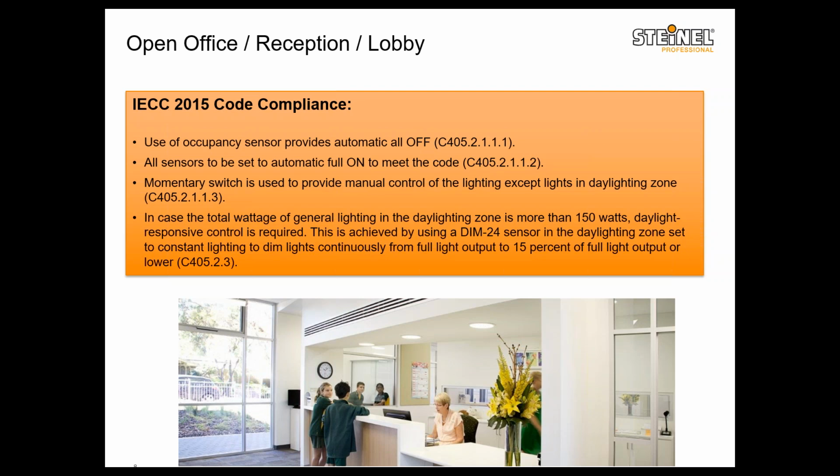So you obviously have the minimum requirements of having to use occupancy sensors to provide automatic all off. Since these are all open areas, you have to have the sensors all set to automatic full on. So in these areas, we don't have the partial on or manual on. It's one of those exceptions in the code.